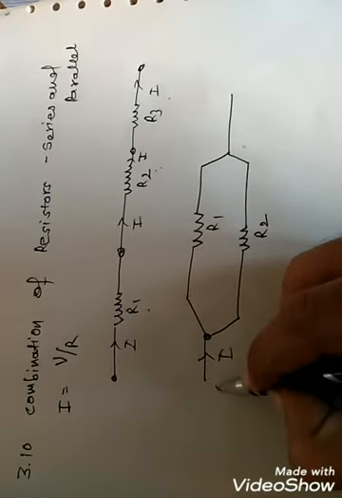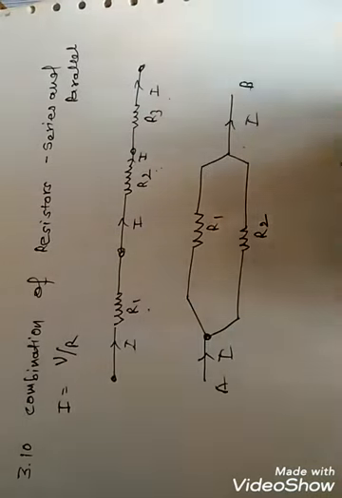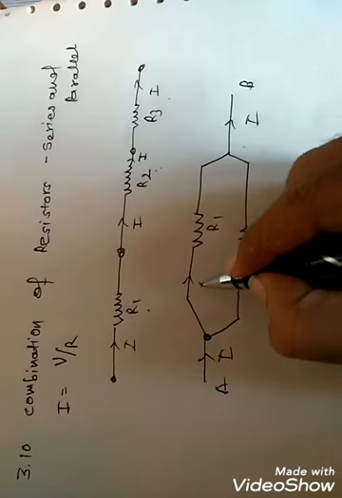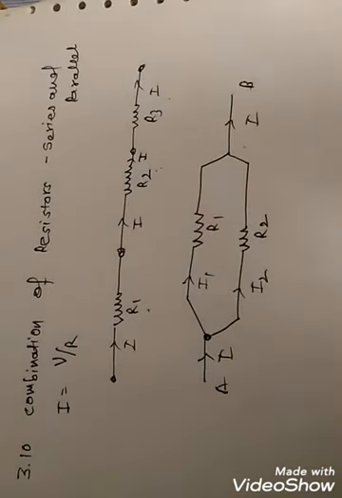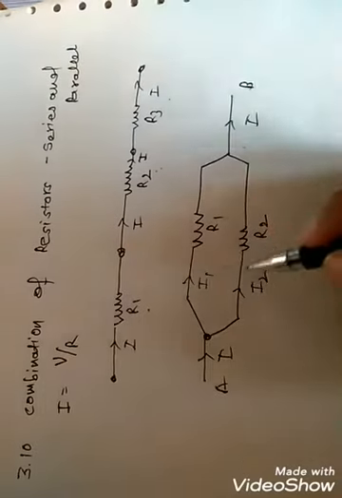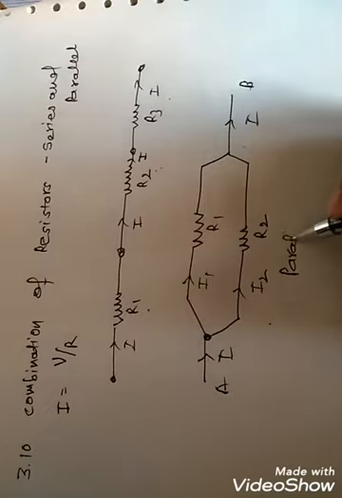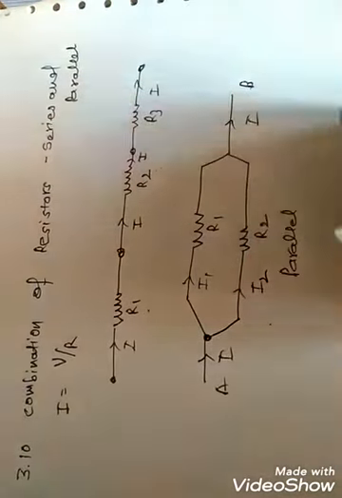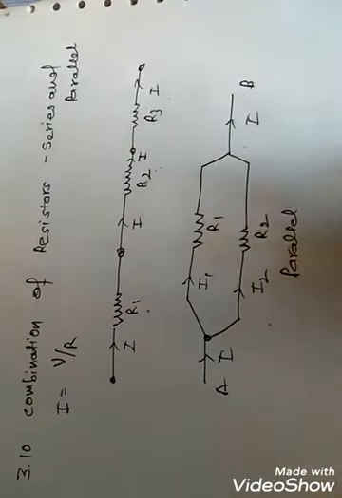This is the total current I from point A to B. Here the current is divided in two parts, I1 and I2, for a parallel connection. And in a series connection the current is constant at all points.